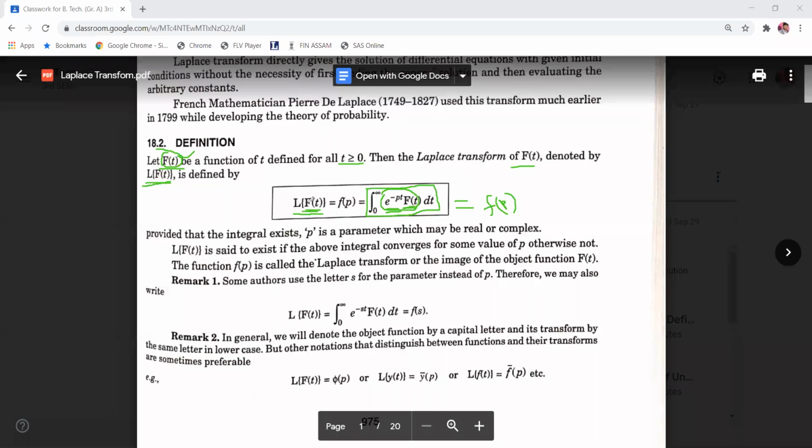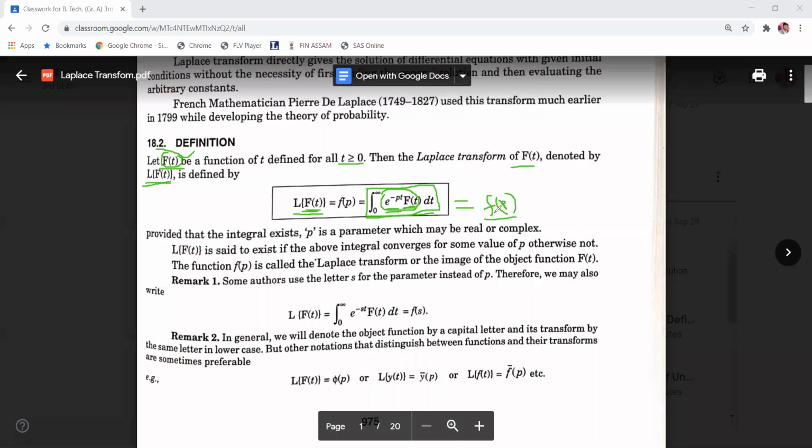This name cannot be reused after finding the Laplace transform of capital F of t. I have given another function, say small f of p. You can't write capital F again here, otherwise f(t) and f(p) would have no difference. Because after integration you get some other function, so give another name.